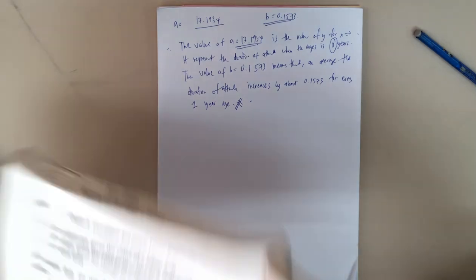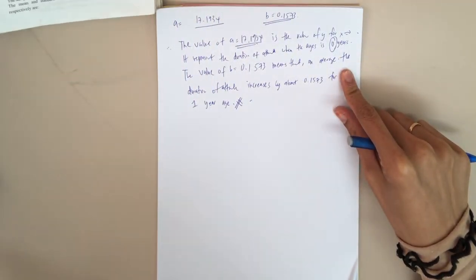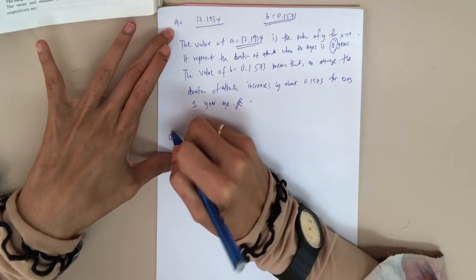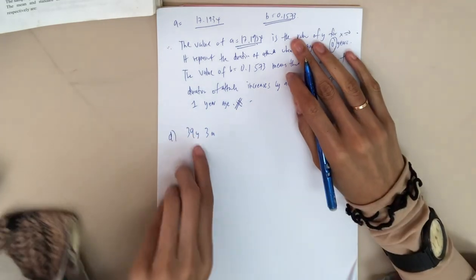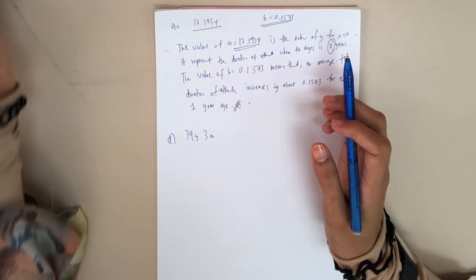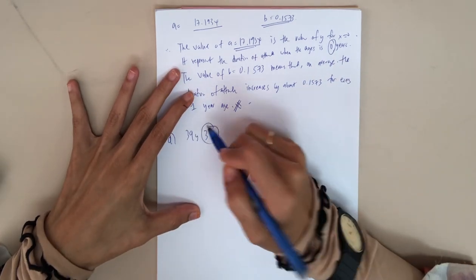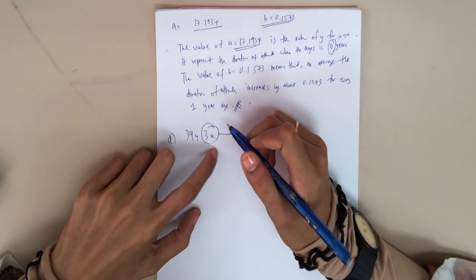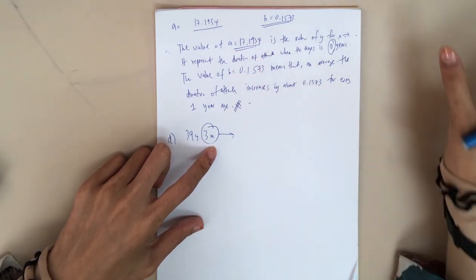Okay, class. Now the next, last one. Predict the duration of an attack if the patient is 39 years and 3 months old. Class, you need to refer to the table given here. The age is in years, but now the question is given in years and months. So you need to change this month into years.